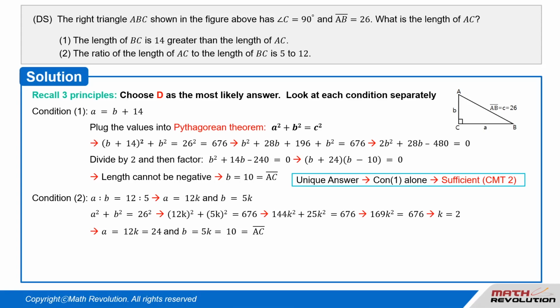So K equals 2. Thus, A equals 12 times K equals 24, and B equals 5 times K equals 10, which is also line segment AC.